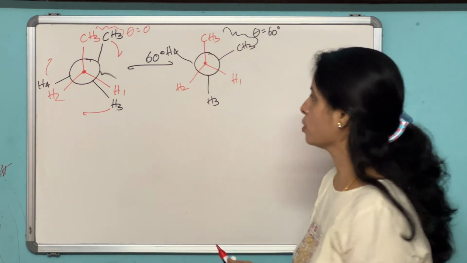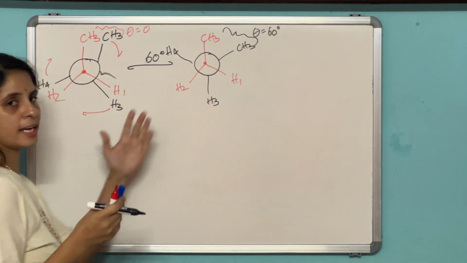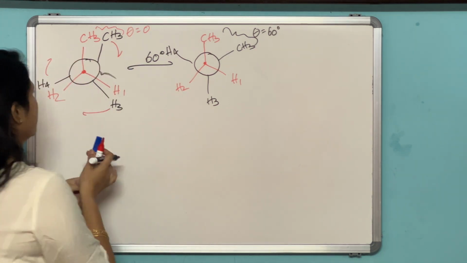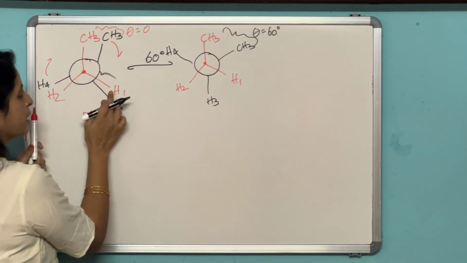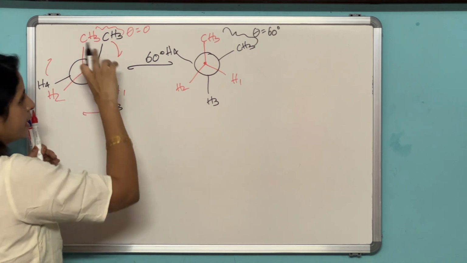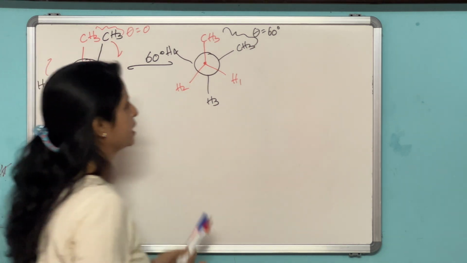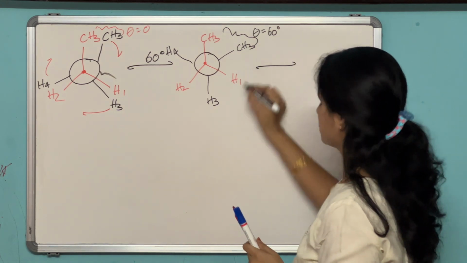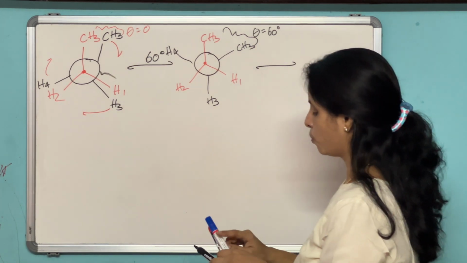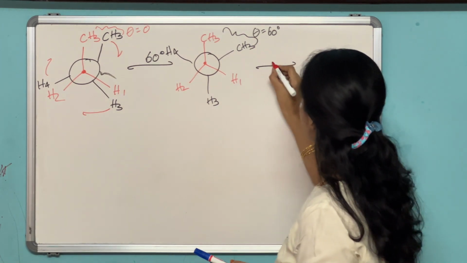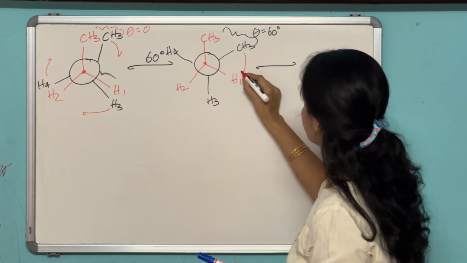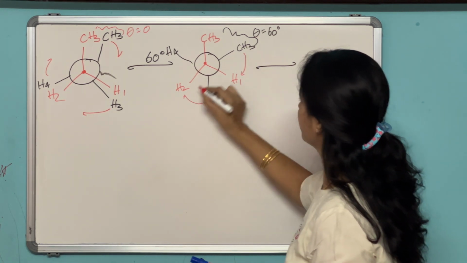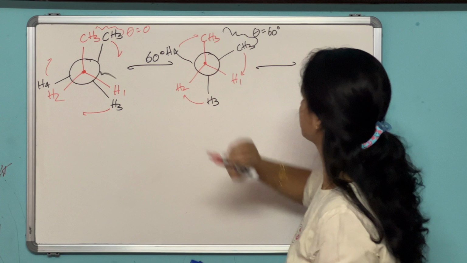60 degrees. Likewise, as in the case of ethane, the front carbon is fixed and the second carbon we have rotated by 60 degrees. Now you rotate the second carbon again by 60 degrees. What will you get? This will come to this side, this to this side, and this to this side.